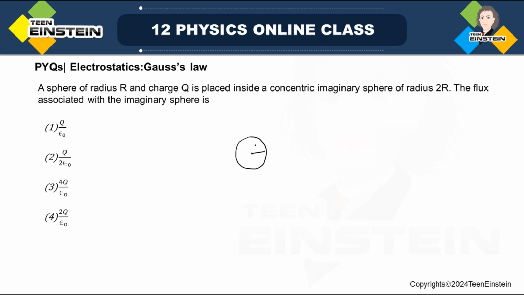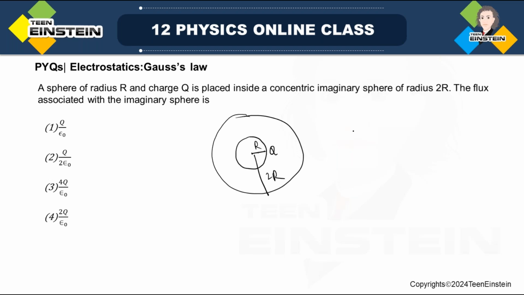It has radius capital R and it has got charge Q. Now there is another concentric sphere, that means the previous sphere is placed inside a concentric imaginary sphere of radius 2R, okay, like this. Then what will be the flux associated with this imaginary sphere?